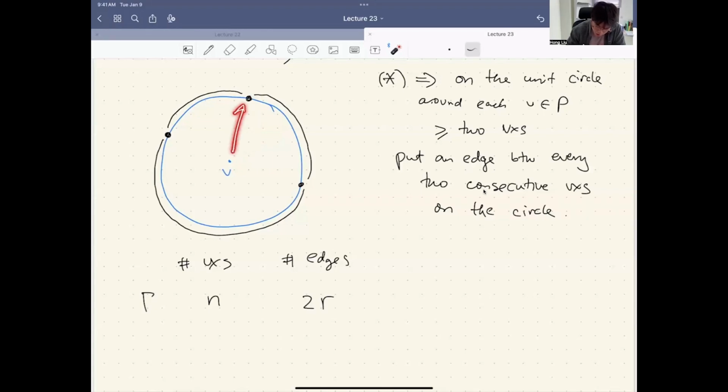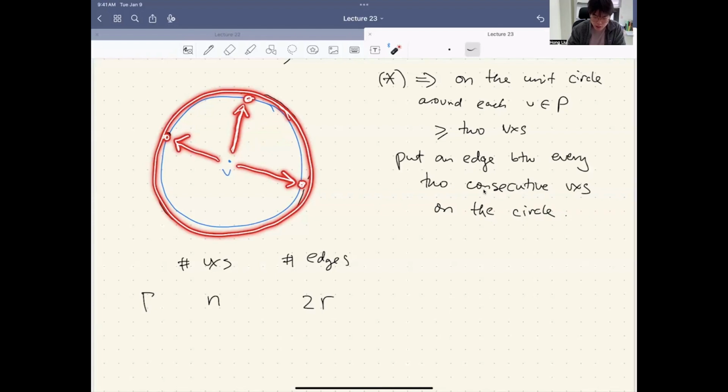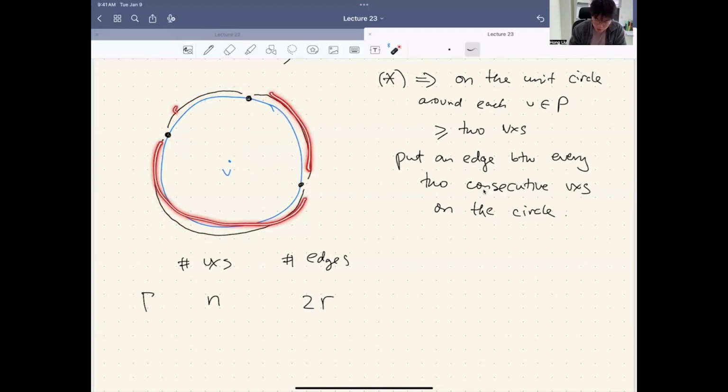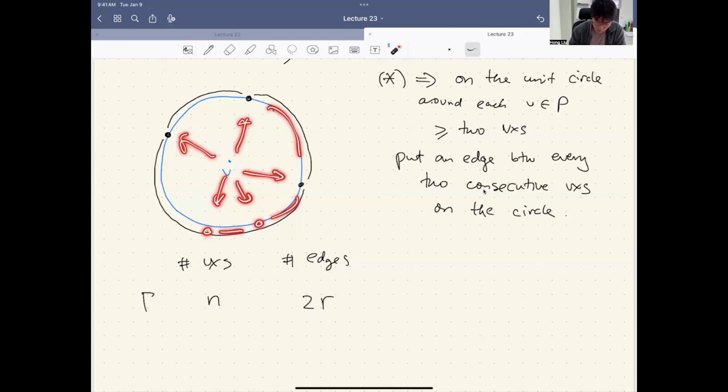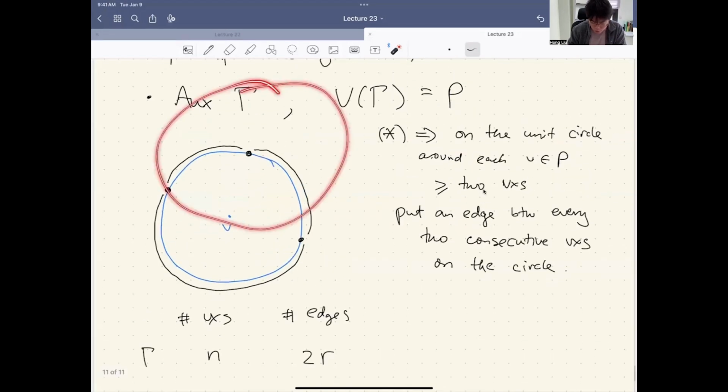Now, this direction corresponds to the circle centered at V. If you have five edges pointing outwards, you have five arcs in my auxiliary graph gamma: 1, 2, 3, 4, 5. This is in the direction V to W. Now, in the direction of W to V, you also have the same thing. So every unit distance pair is counted twice.